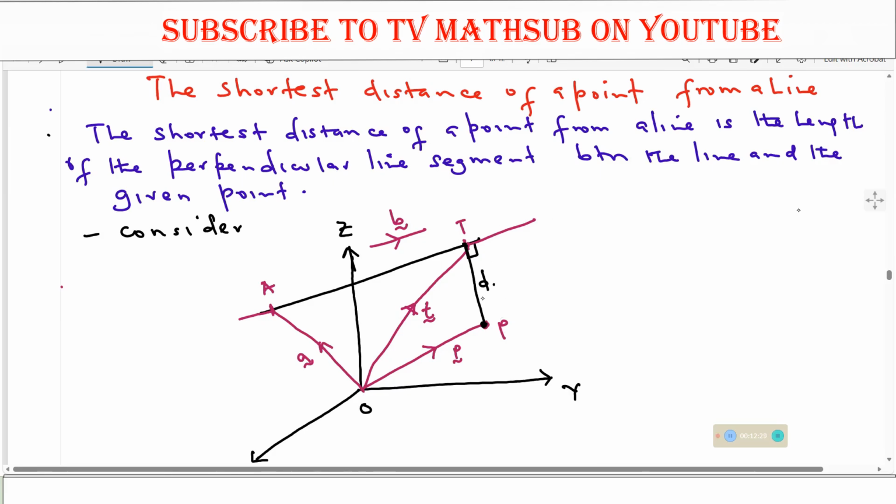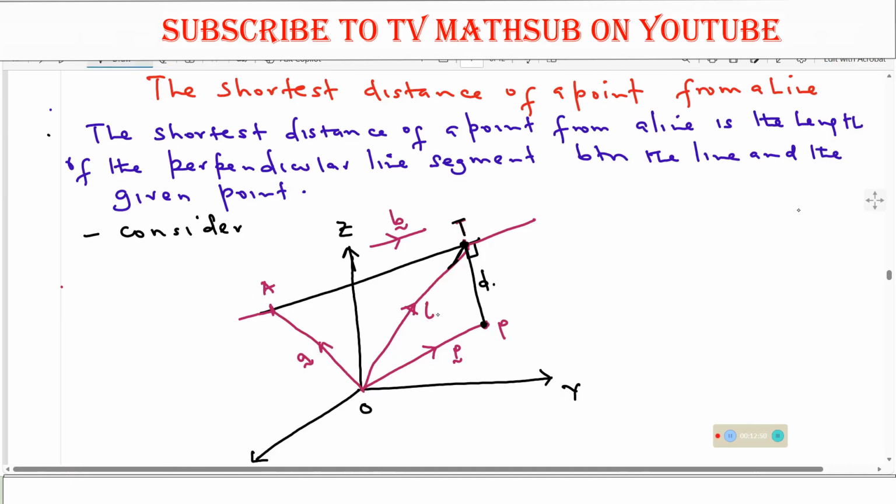The line from point P meets this line at a point which we are calling T, that is defined by the position vector T. So that is what we want to consider.